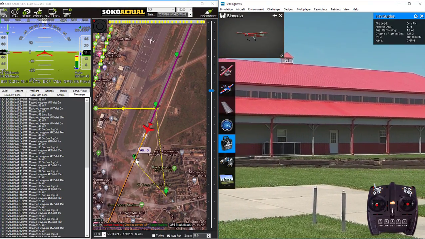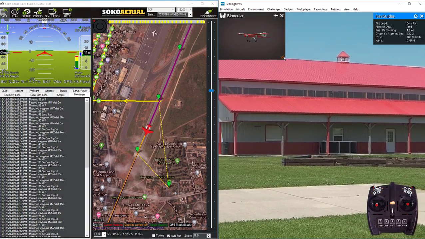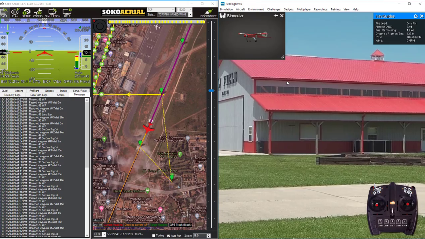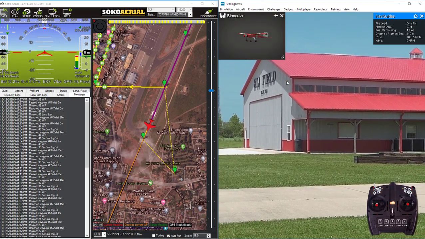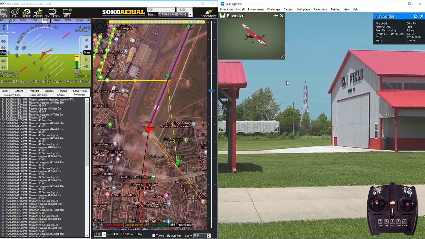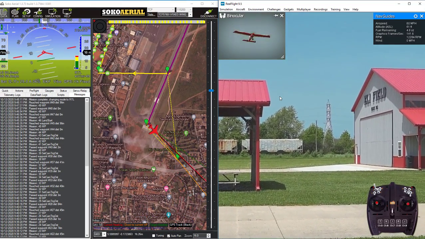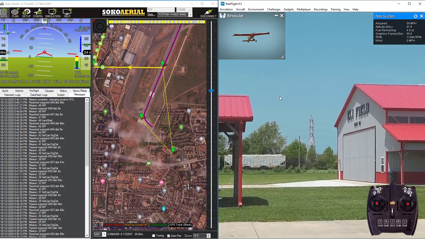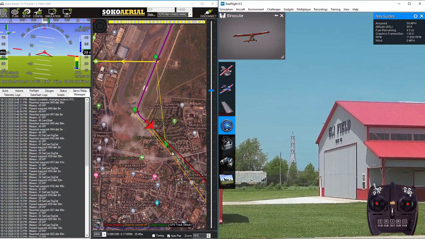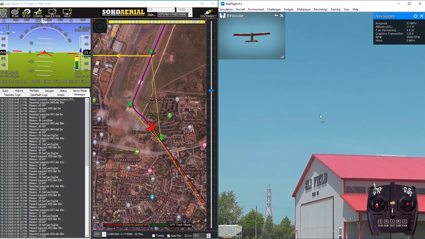So that is our last waypoint. Okay, it overshot our runway, but I just want to see it.